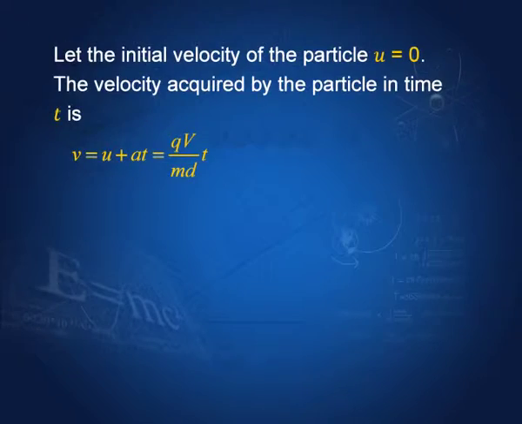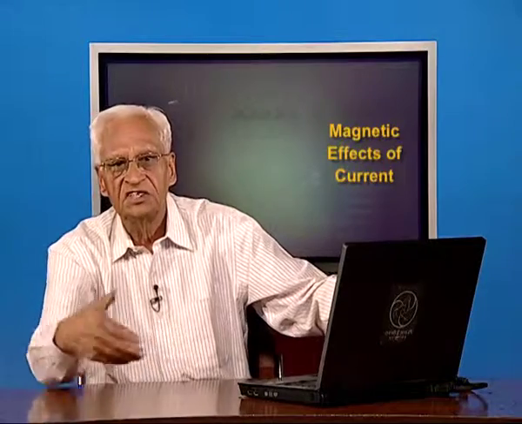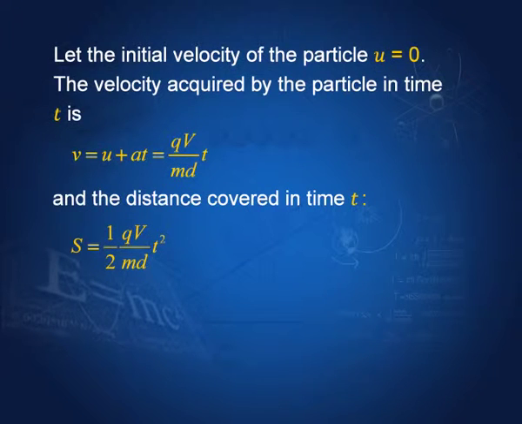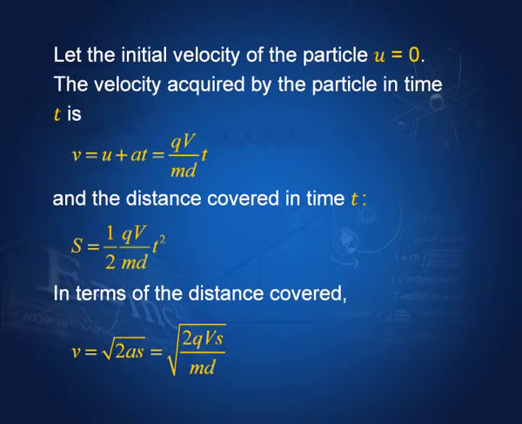Now, we come back to mechanics. We use v equal to u plus at to find out the velocity after a certain time t, when the particle starts with initial velocity 0. Similarly, S equals half g t squared, you remember from gravity. So, half a t squared is half qV by md times t squared, and in terms of the distance covered, we know v is equal to square root of 2as.